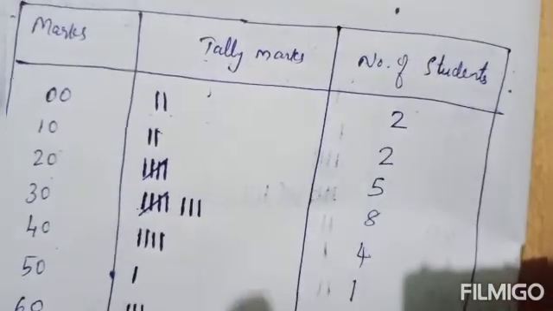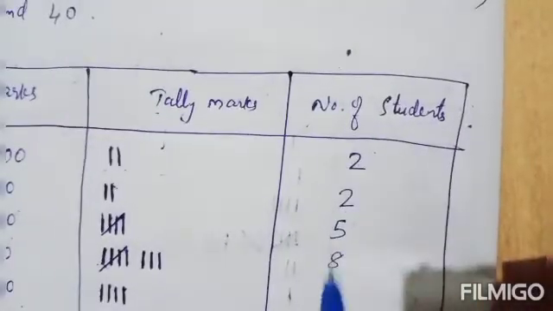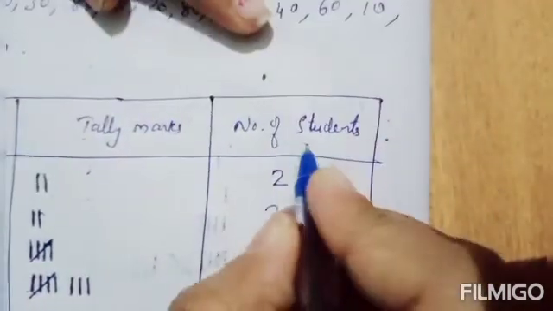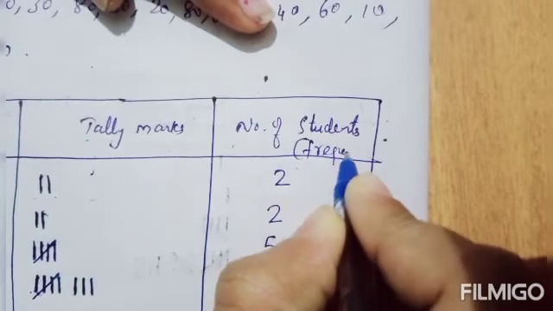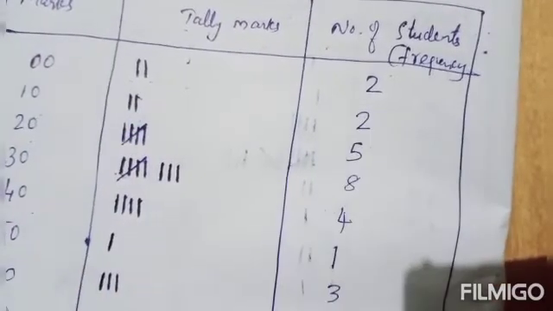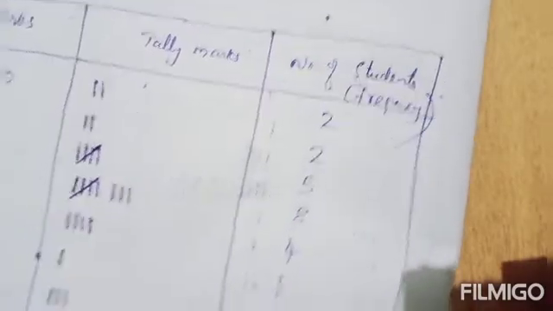So we got the number of students. This process is called tabulation of data. This is called tabulated data. Now the last column, the number of students, is called a frequency. We count the tally marks and write the frequency.